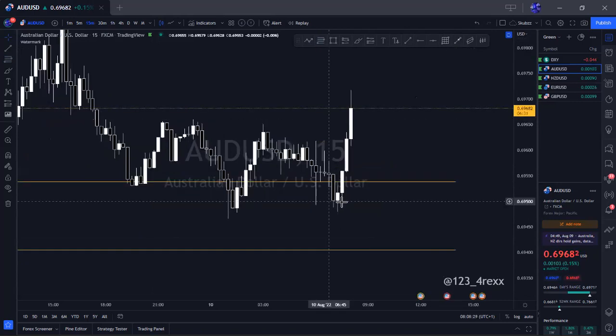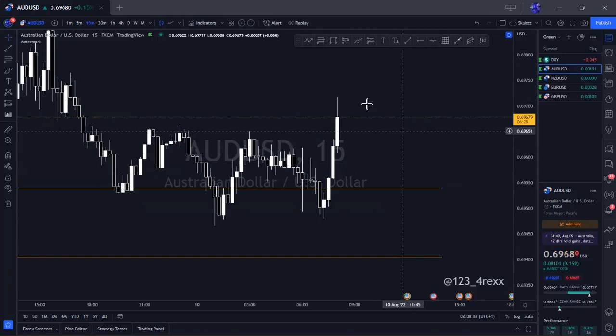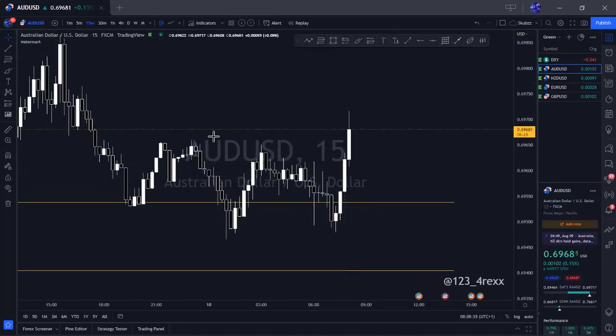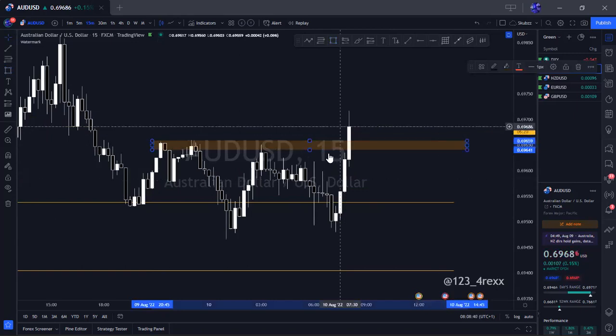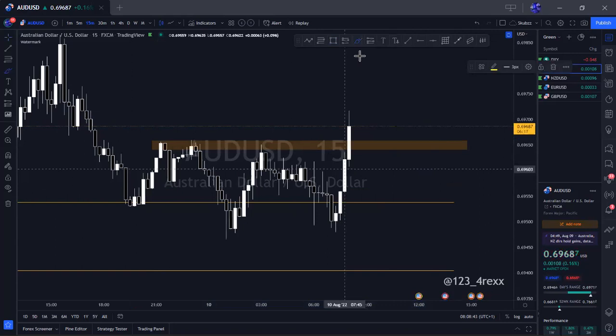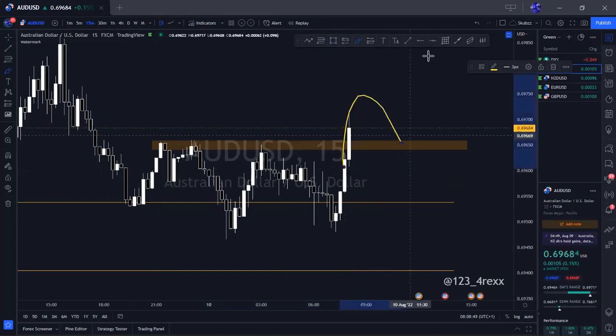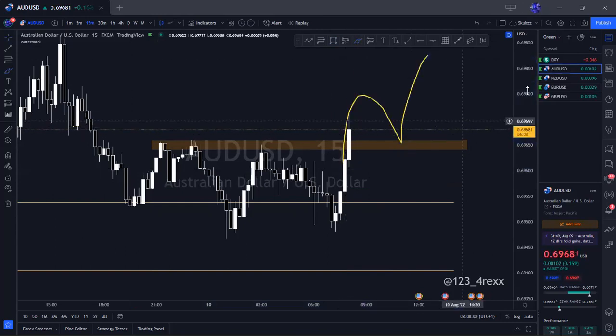This really was not an entry criteria. So what we can do here is to watch out for these highs on the lower time frame. If we're going to see a shift in market structure, then we can wait for that retest. We can see if we can get a push and then a pullback, then a continuation. So that's how I'll be looking at it.